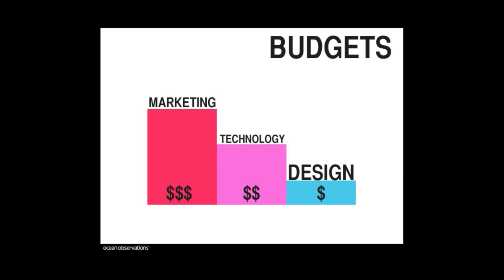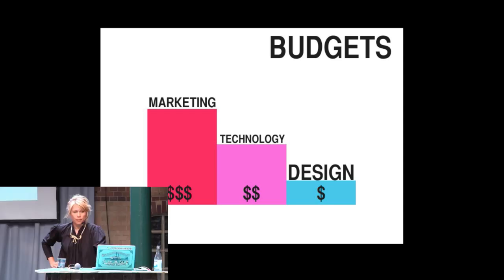Let me show you a graph. That's one of my last slides, and some of you are probably going to hate me for this. This is a generalization of the budgets that I meet when I'm out as a consultant working in different projects with new computerized services and systems. This is roughly what it looks like in a budget. Sometimes marketing and technology change places with each other depending on what kind of system you're supposed to develop.